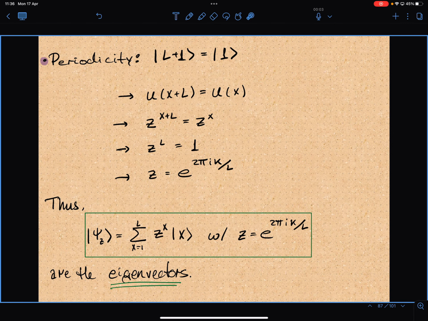We still have one more constraint, and it's periodicity. In all this notation, I've been a little bit sneaky, but I've been identifying L plus 1 with 1, since we're periodic. So what that means is that the coefficients need to satisfy this periodicity condition. And if I plug in my guess, I get that c to the L has to equal 1. So this parameter c for the guess of our solutions has to be a root of unity.